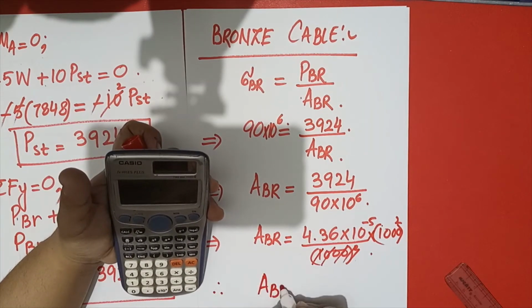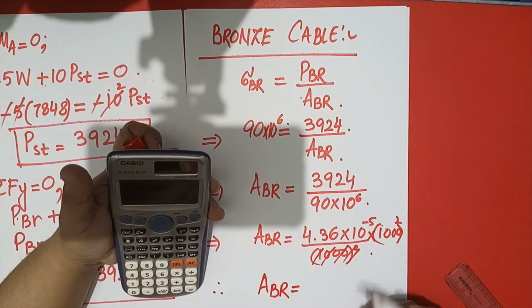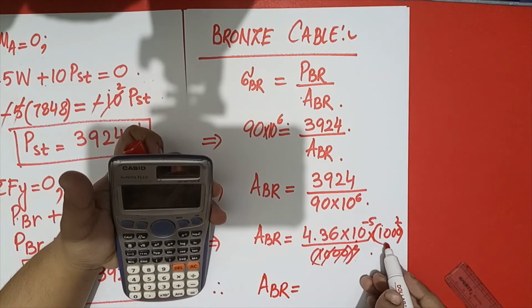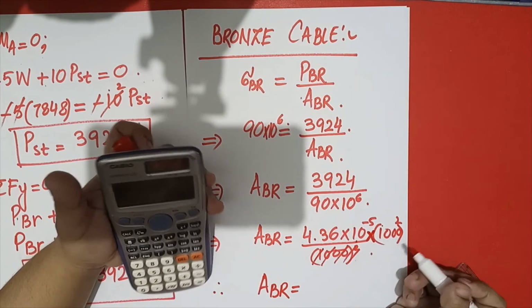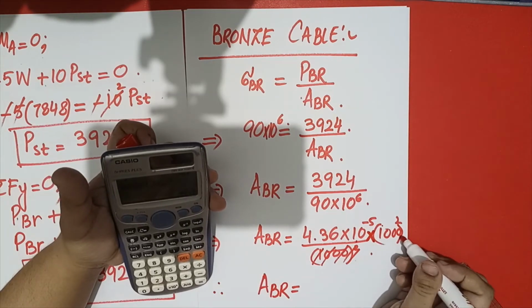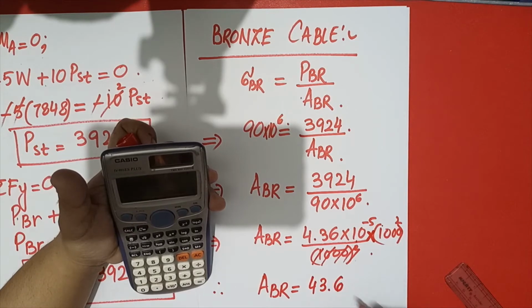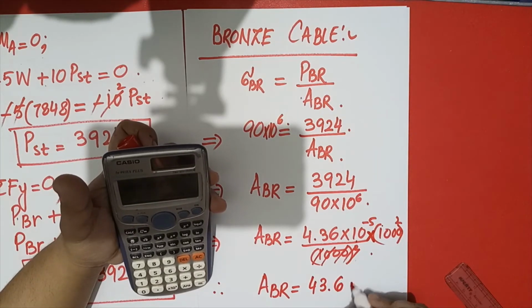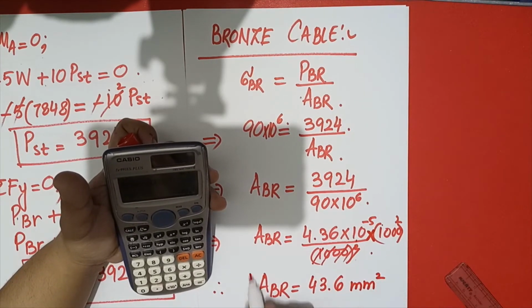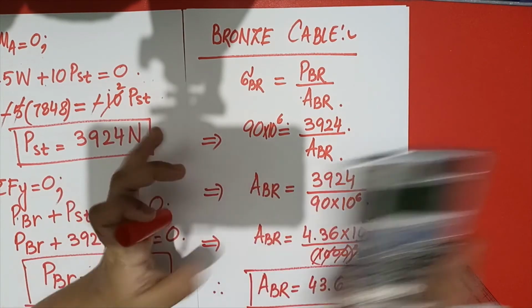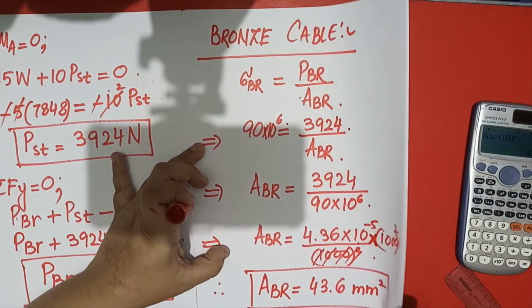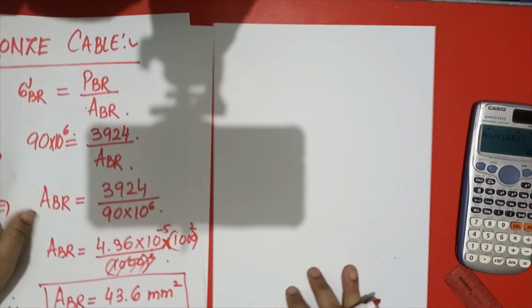So area of BR comes out to be, because it is in meter square now, when we multiply it by 1000 square, we will get the value of 43.6 millimeter square. So the value will increase in the smaller unit. So this is the way to calculate the area for the bronze cable.